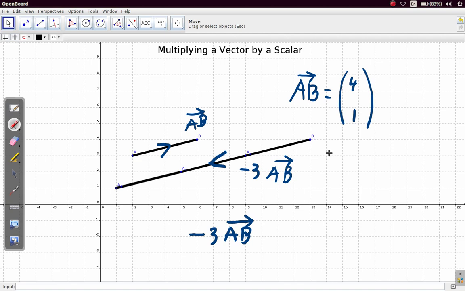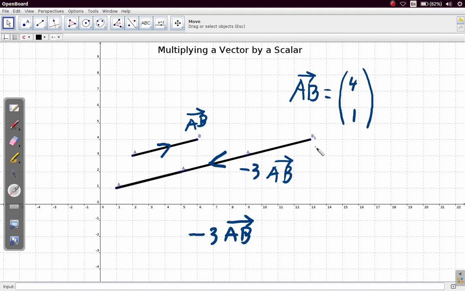Now, what we have here is negative 3AB. Remember, if you're going along this vector, you would start here and end up here. So you go this way.